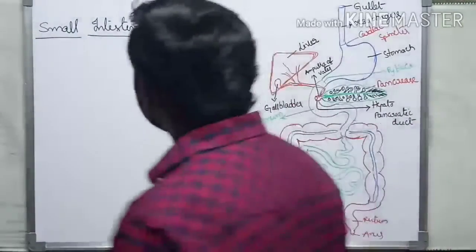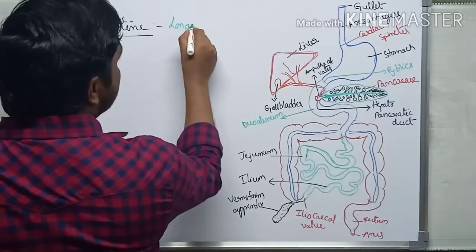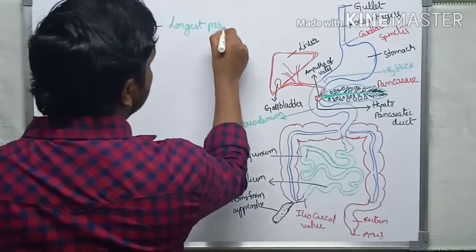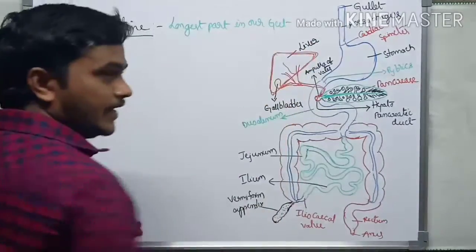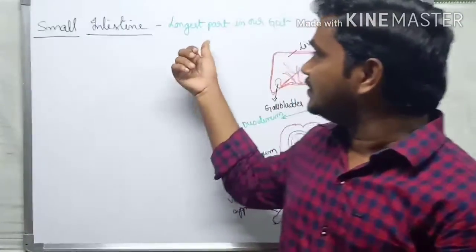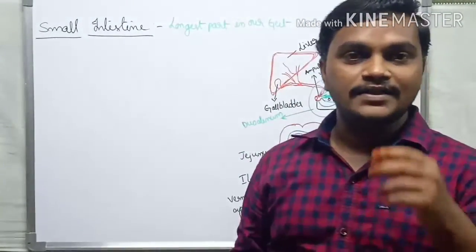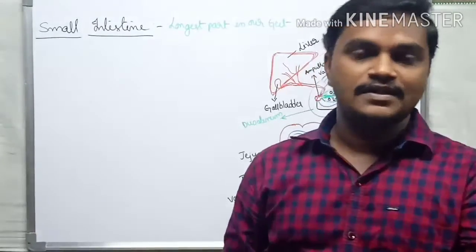First and foremost, the small intestine is the longest part in our gut or alimentary canal. Small in the sense that its diameter is lesser than the large intestine.